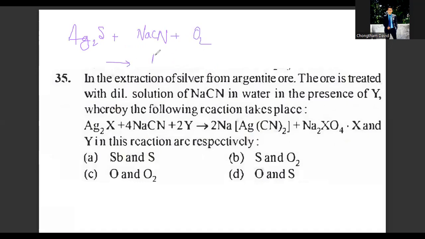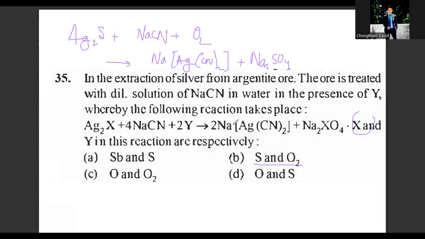So the complex compound would be sodium dicyanoargentate, with the formation of product sodium sulfate.